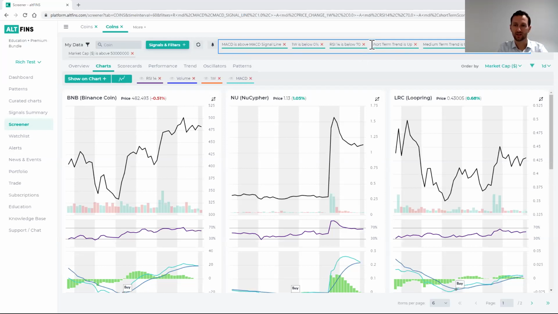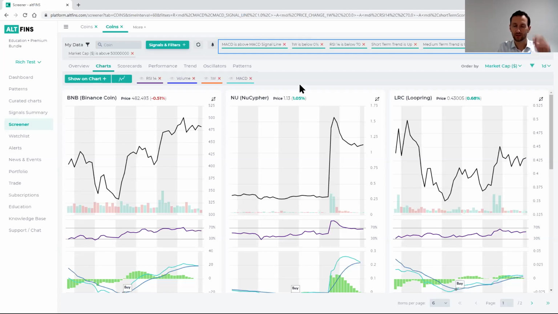So let's start with the second half. Short-term, medium-term, long-term trends are up. Not strong up. We're not being so uptight about it. We're saying it's enough that it's up or strong up. This will capture both up and strong up.